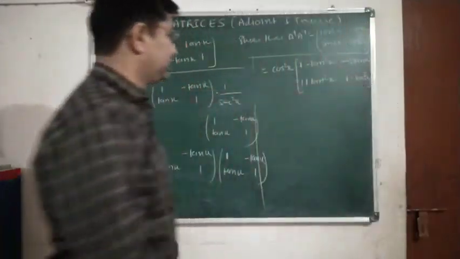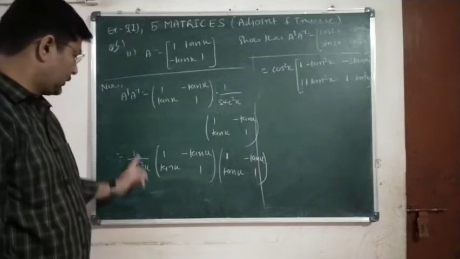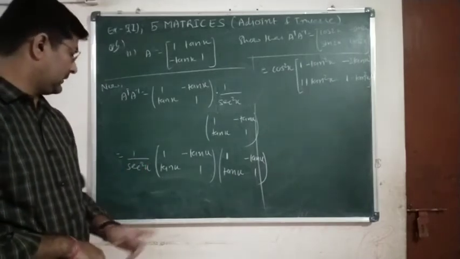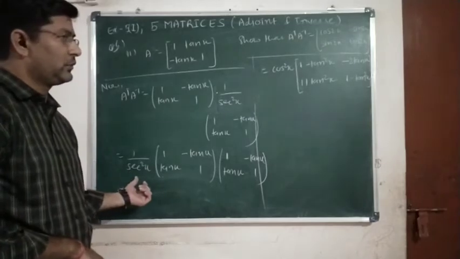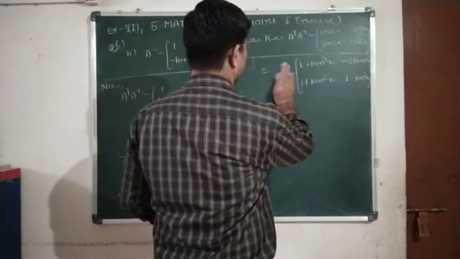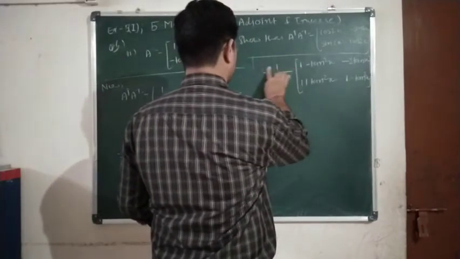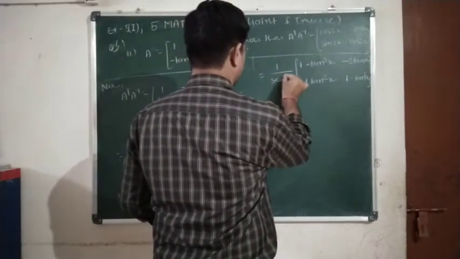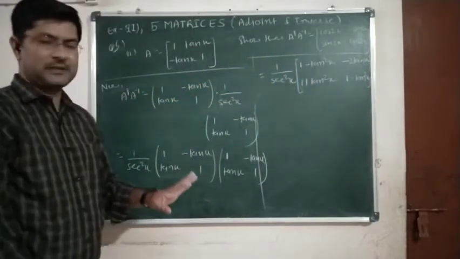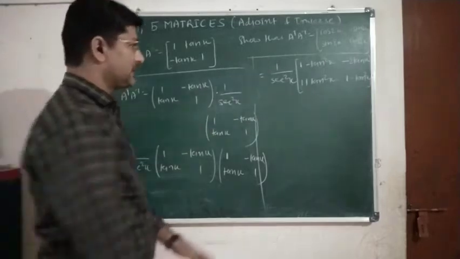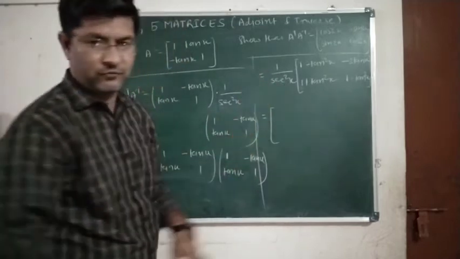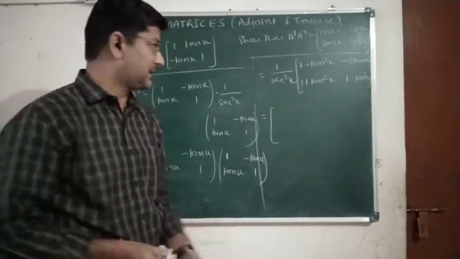Okay, now we know that sec square x can also be written as 1 upon cos square x. Let me put over here 1 upon sec square x only, yes or no, because it will be better. Now we have to divide throughout by sec square x, or as I told in the beginning, for sec square x we can write 1 plus tan square x.